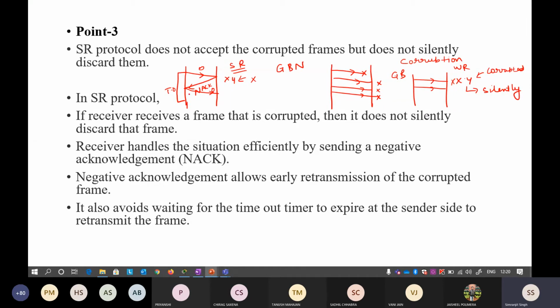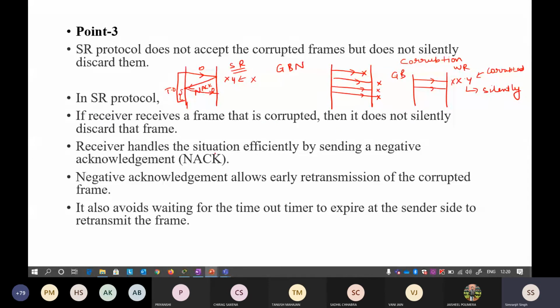Now what is the advantage of that? Your same packet will be sent without waiting for the timeout timer, so this much amount of time is saved. That is the advantage of the SR protocol, that it can send a negative acknowledgement. No other protocol can send a negative acknowledgement, only the SR protocol. So if the receiver receives a frame that is corrupted, it does not silently discard that frame.